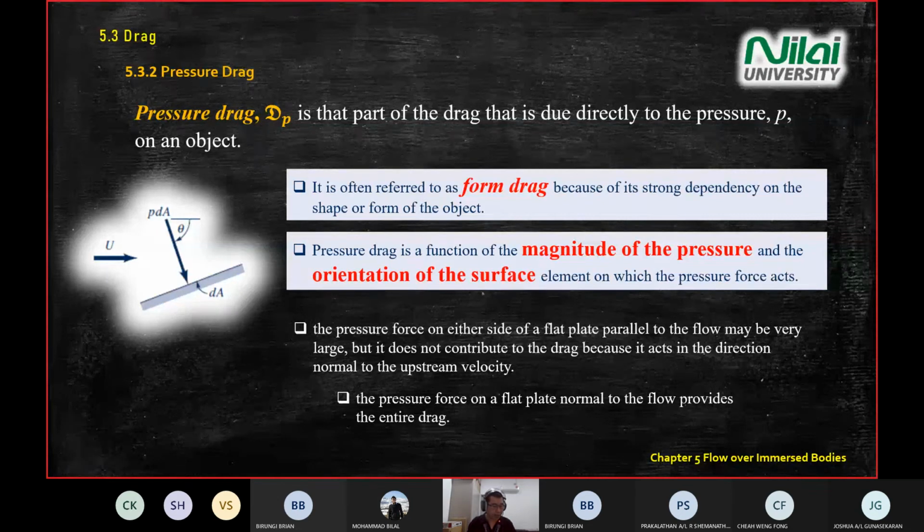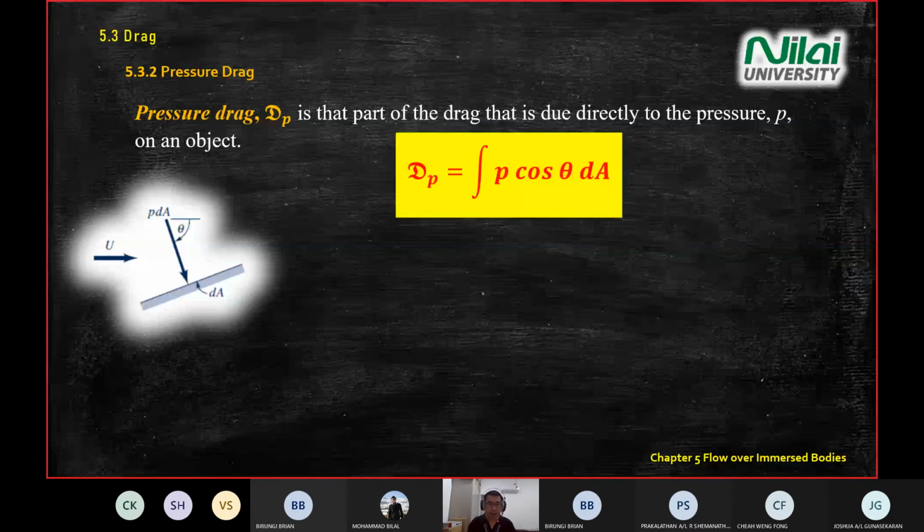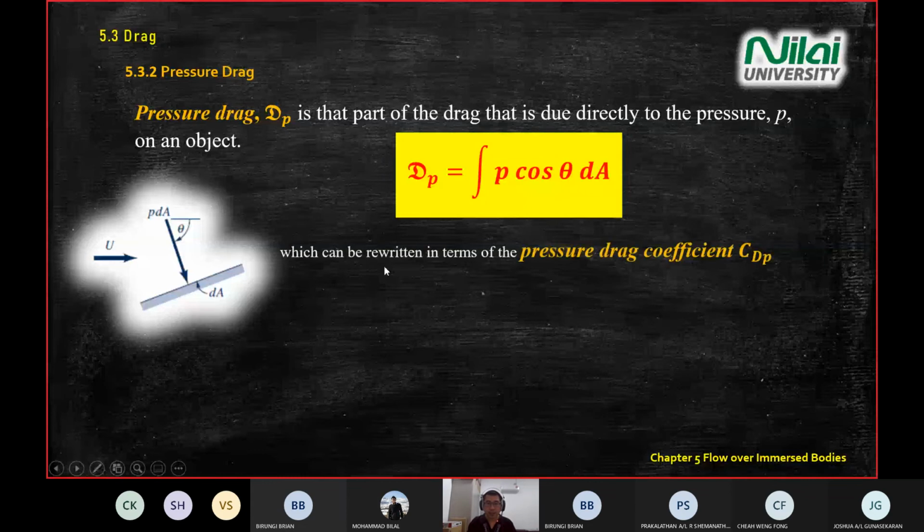Then we look at a graph. Look at the graph. So there's a few more equations. So pressure drag, again, we write as the integration of pressure cos theta dA by referring to this diagram.